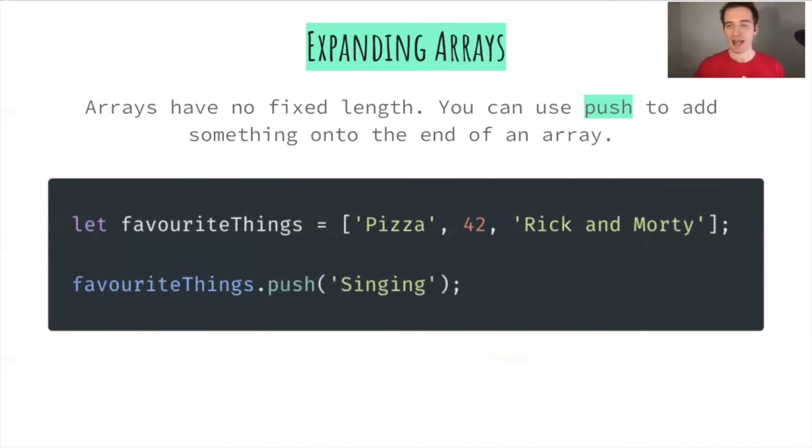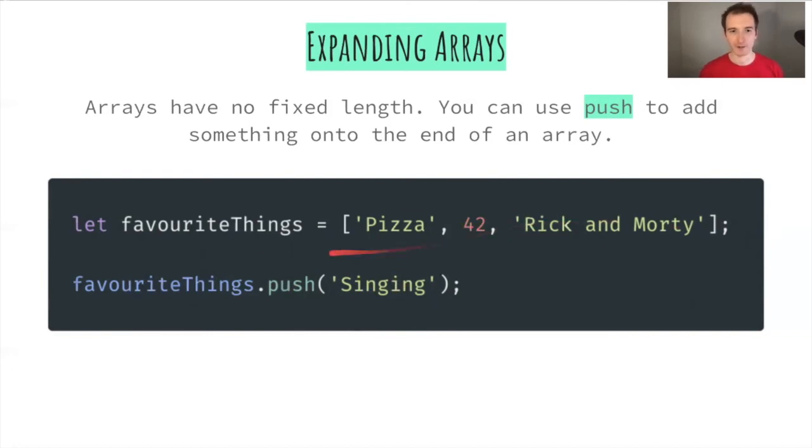We can also add new items into an array by using this push method. So if we take the name of an array and we write .push and use these two round brackets and put something else in here, it'll add this thing onto the end of this array.